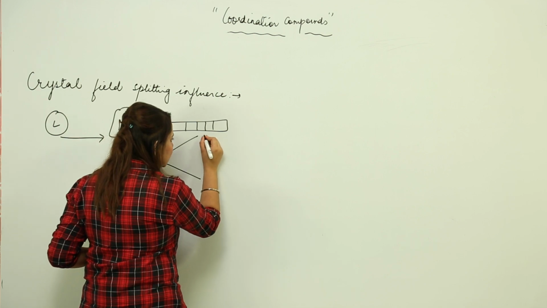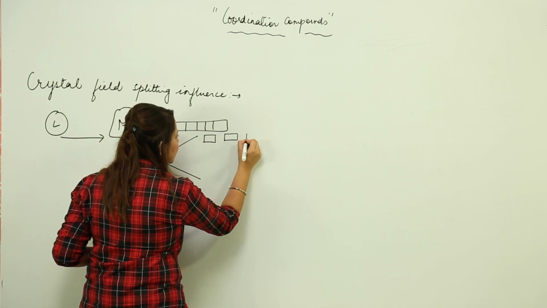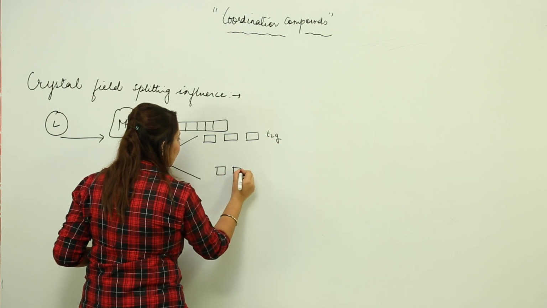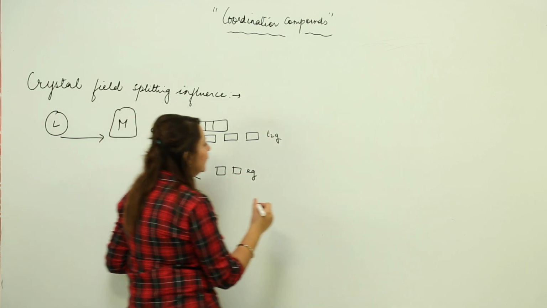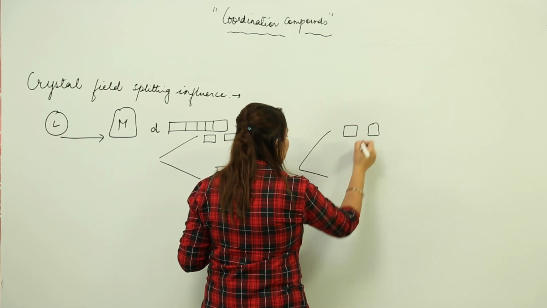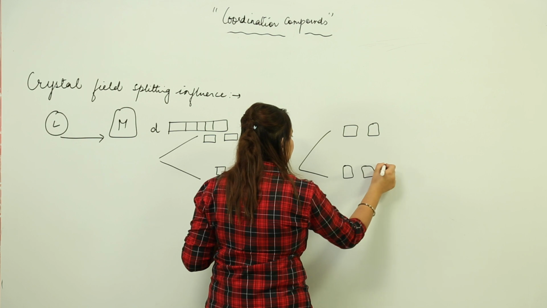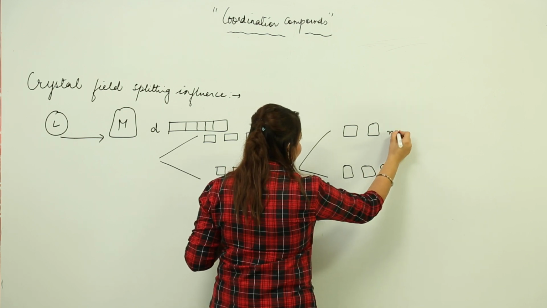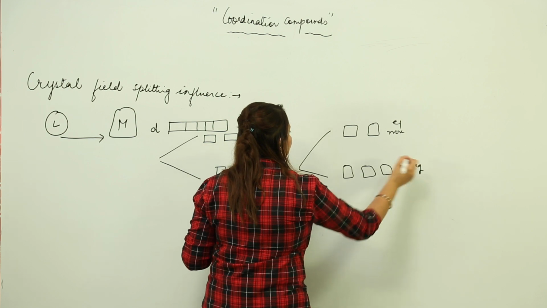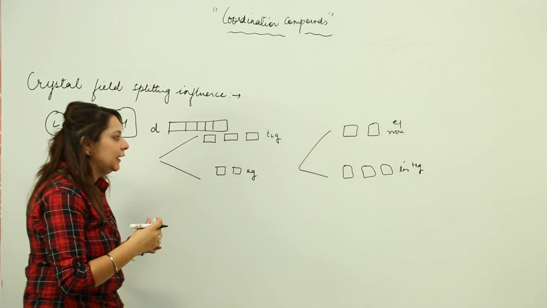So there is a chance that the energy of T2g is greater and the energy of Eg is smaller, or there can be a chance in which the energy of Eg is more and the energy of T2g is less. Right, so they can be anything.